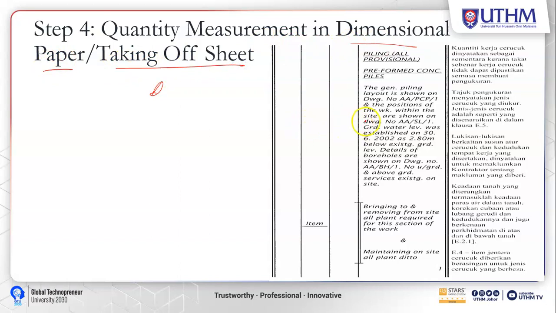In this paper, we need to include all the necessary descriptions, the dimension column here, the timesing here, and the amount, or what we call the total quantity, what we get after we do the dimension calculation and also the timesing calculation.